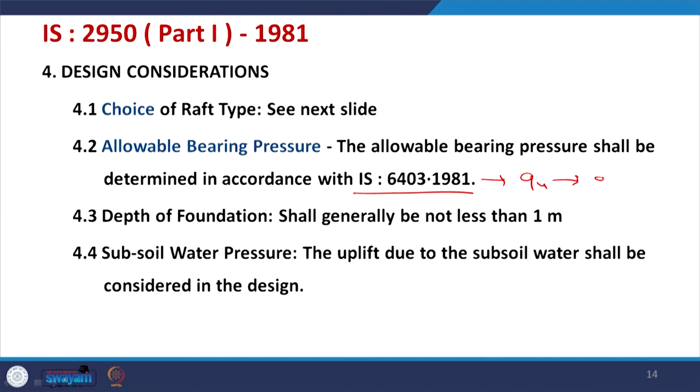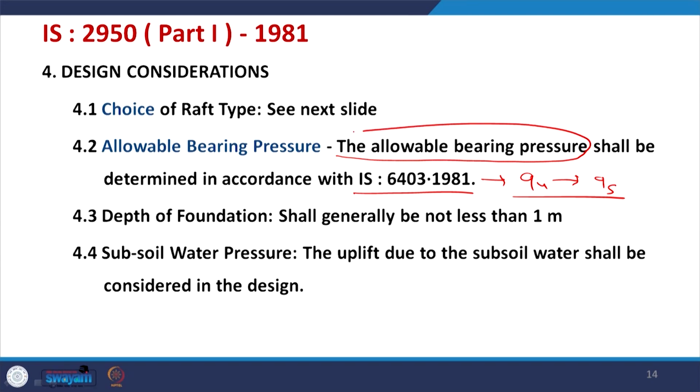In that criteria, you have an equation for QU, the ultimate load, and after applying the factor of safety it gives QS, the safe bearing capacity. The second criteria is from the settlement. So, without exceeding the safe bearing capacity of the soil and the settlement limit, you determine what is called the allowable bearing pressure.